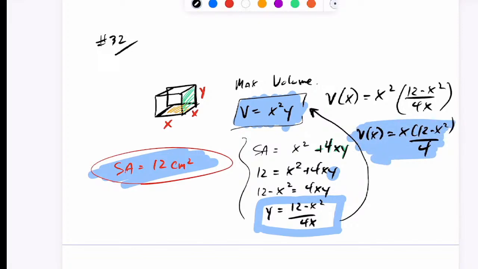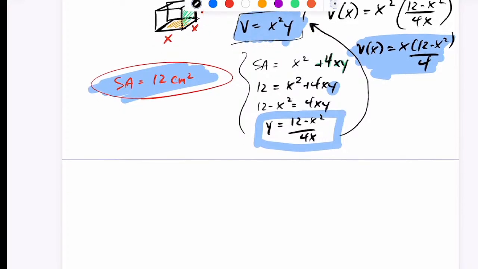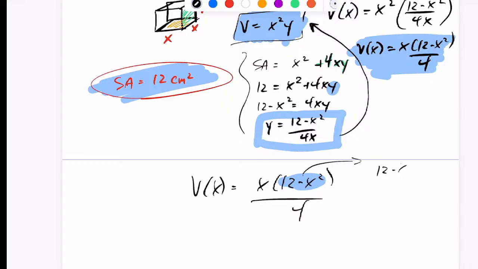And now I have my function to take the derivative of. Notice here I have endpoints on this. 12 minus x squared has to be positive, so I have to ensure that 12 minus x squared must be greater than or equal to 0. This is just a quadratic opening downwards, with roots at root 12 and negative root 12.